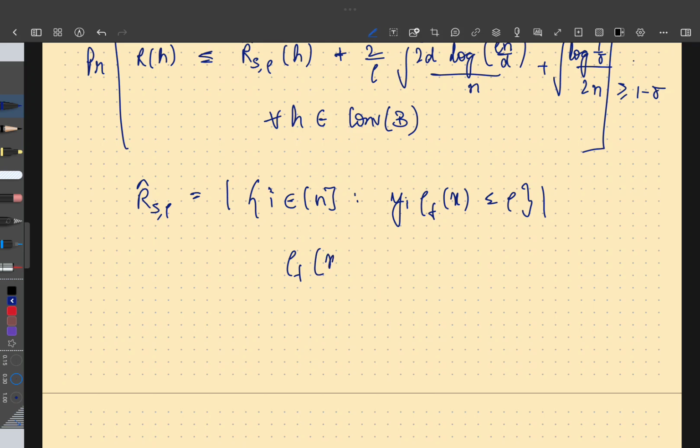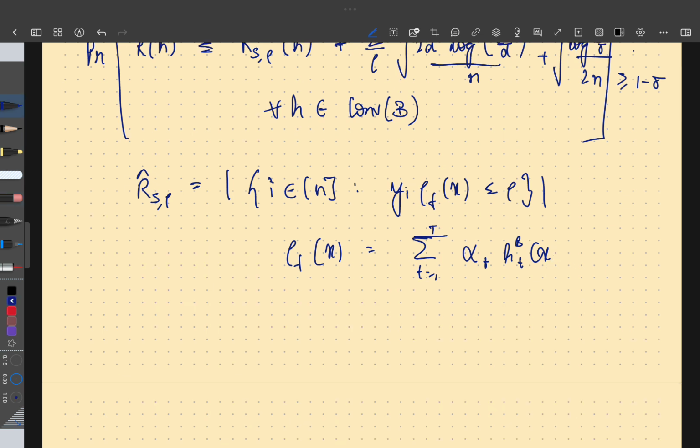Where this rho f of x is summation t equal to 1 to capital T alpha t h t of x, divided by the L1 norm of alpha.